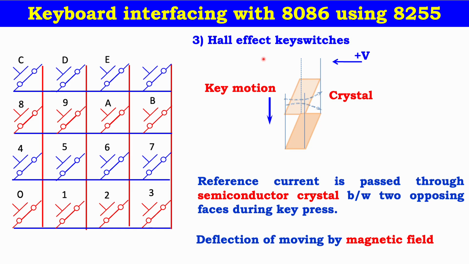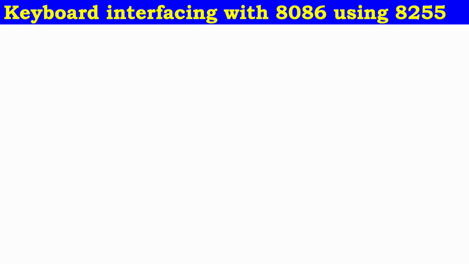So this is one more type of key switch. Depending upon the application, the Hall effect key switch is also used for fast key operation and when heavy load is applied on the key buttons. Generally, in 90% of applications the capacitive key switches are preferred.